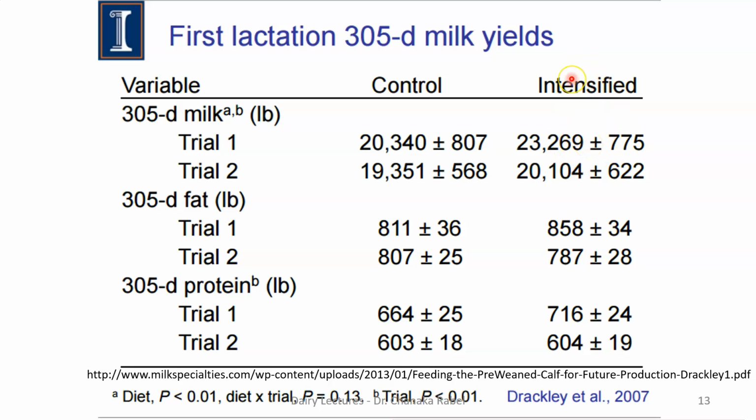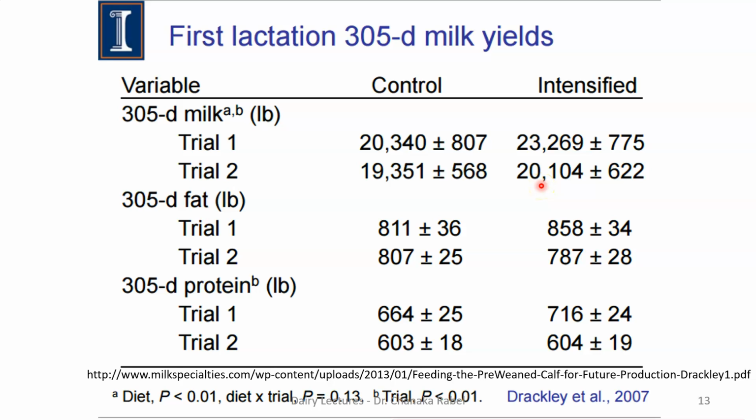So remember, this intensified feeding is pre-weaning calf management. When they compare the first lactation records of calves that were given intensified feeding management, they produced more milk than the control or conventional group. Trial 2, not so much, but still they produce more.